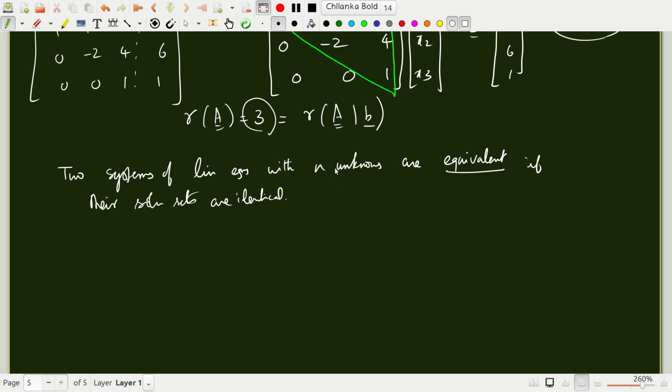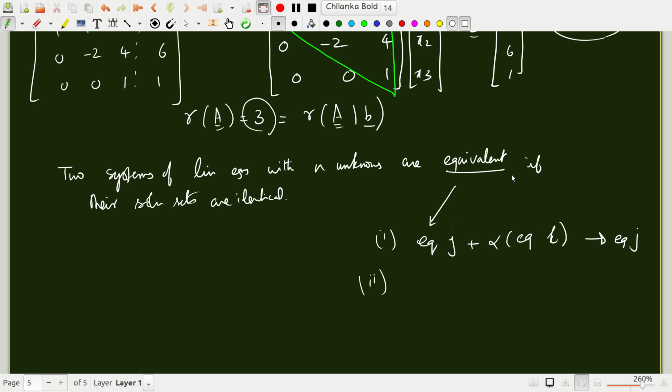Two systems of linear equations with n unknowns are equivalent if their solution sets are identical. Now, when can these be equivalent? If you do a linear superposition of rows, that is, equation J plus alpha times equation K, and call this the new equation J, then that is an allowed operation.